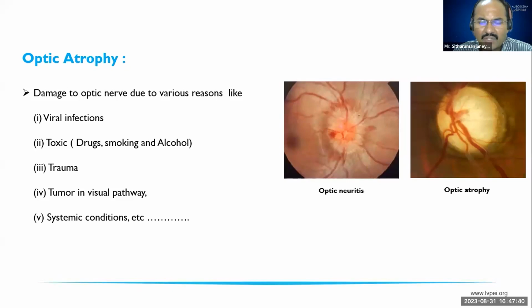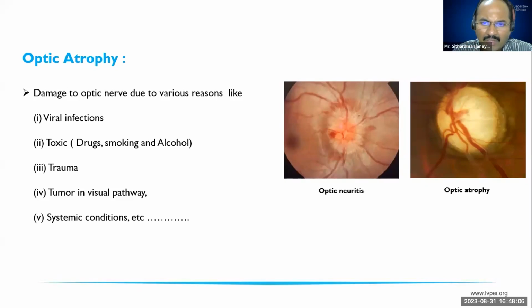If you ask for the history, they may say that they are suffering from viral fever. Viral infections can sometimes cause problems to the optic nerve, or there may be toxic conditions, like the patient using some medications, and those drugs causing side effects on the optic nerve.